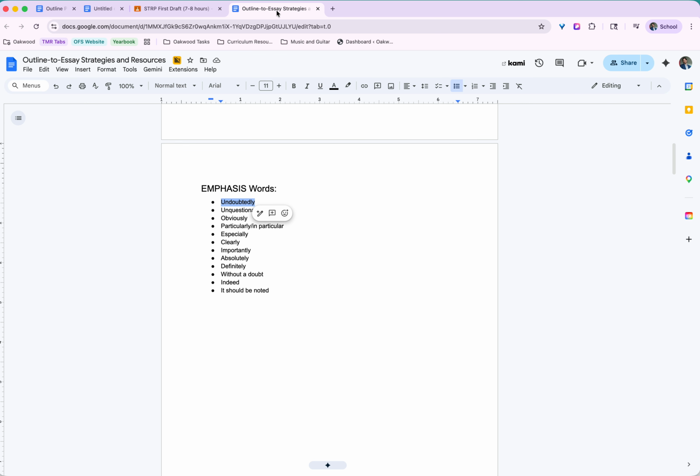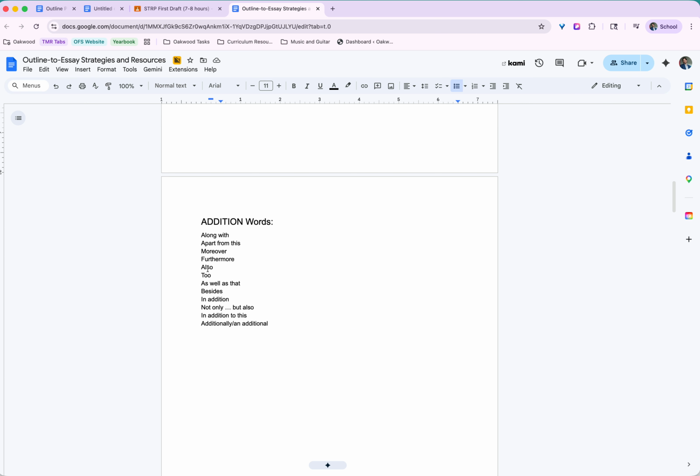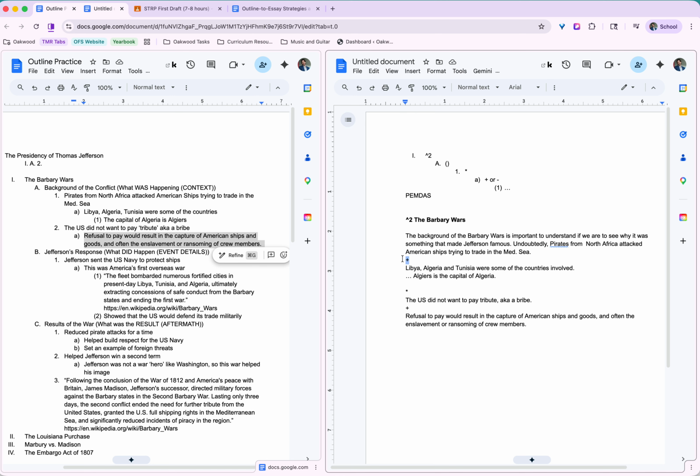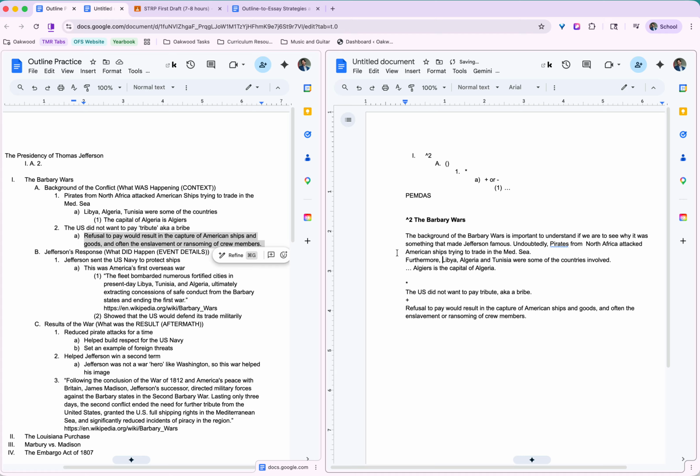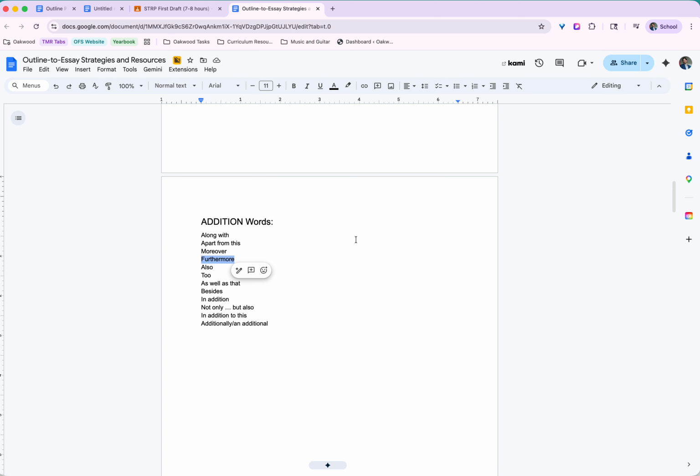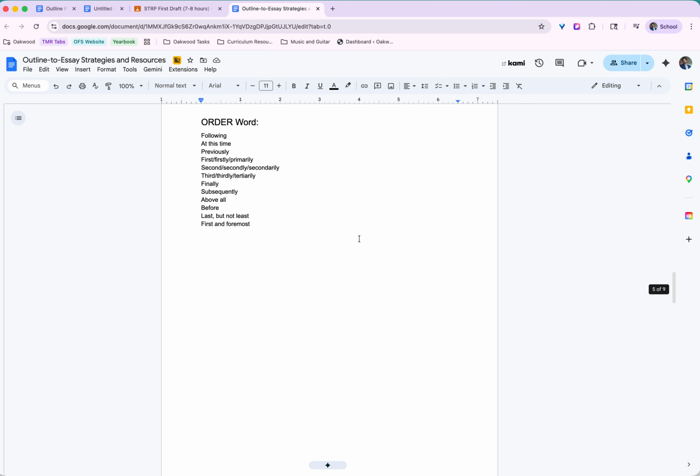All right, we have an addition sign after that. Let's find an addition word. Furthermore is a good one. Let's do that. Furthermore. So we're going to replace this with a furthermore, comma. Libya, Algeria, and Tunisia were some of the countries involved. Now we have a... How do we add something in to a sequence?